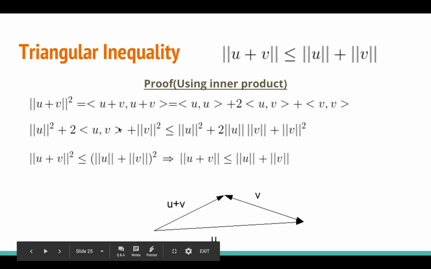So we get this equation for the left side after we plug in, and then for the right side we get this equation. And we can simplify this down to the magnitude of quantity u plus v squared is less than or equal to the magnitude of u plus the magnitude of v squared, and then you could just simplify that down to the triangular inequality.